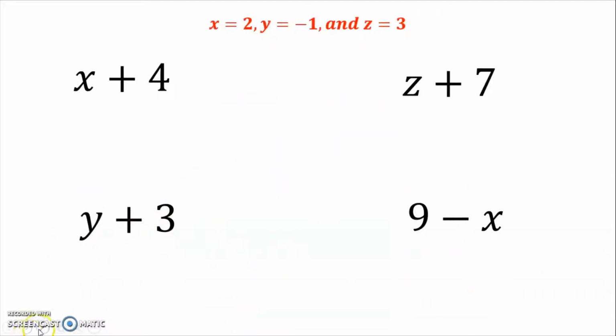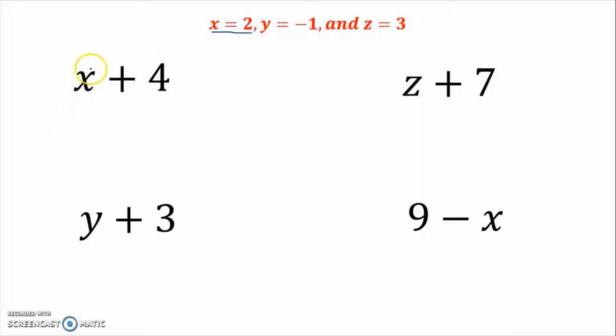Okay, let me get my pen here. So we will start with x plus 4. We want to find out the value of this algebraic expression. We are told in the question that x equals 2.